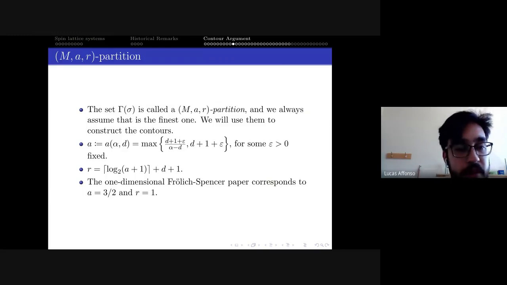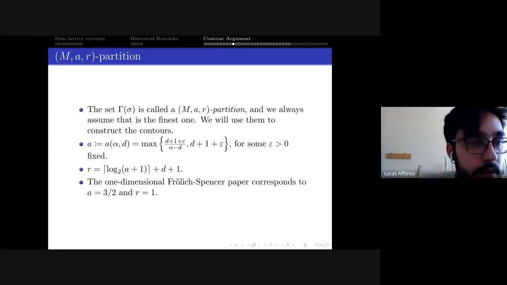What happens is that in the one-dimensional Fröhlich-Spencer paper, a equals 3/2 there, and r equals 1. So our contribution in this part is to put these two more parameters that can vary accordingly to your problem.